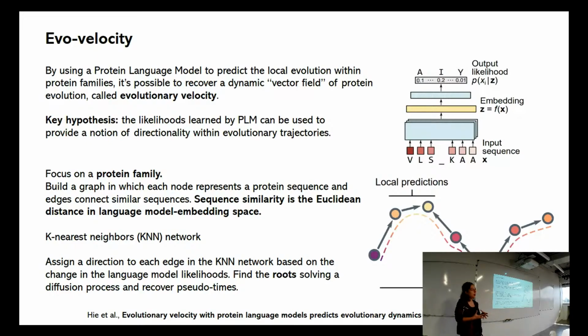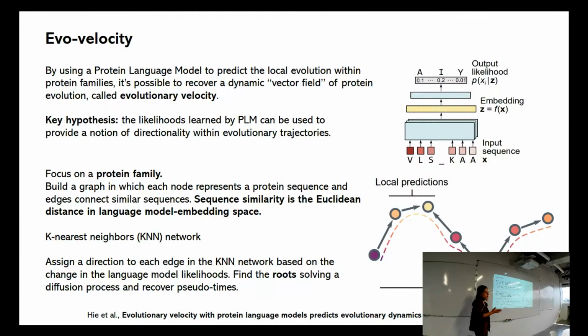So you can build a graph with your protein language model vectors. And now you have a notion of proximity of your representations. You basically take the representations that are closer to each other.